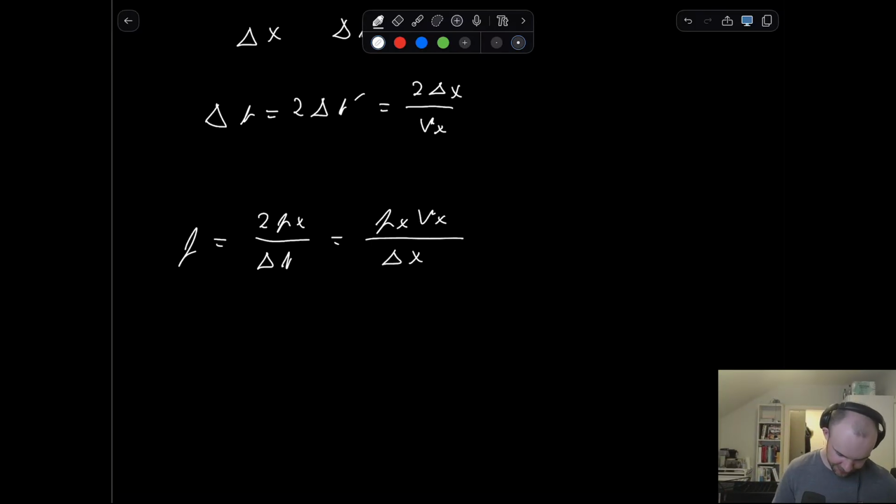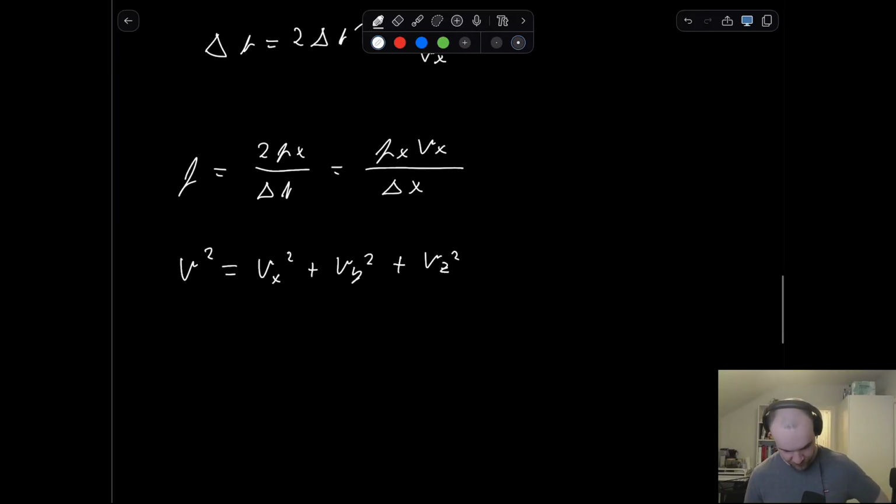There's one more property we have as well. Remember, we are interested in the absolute velocities, so v squared is of course equal to vx squared plus vy squared plus vz squared, like that.